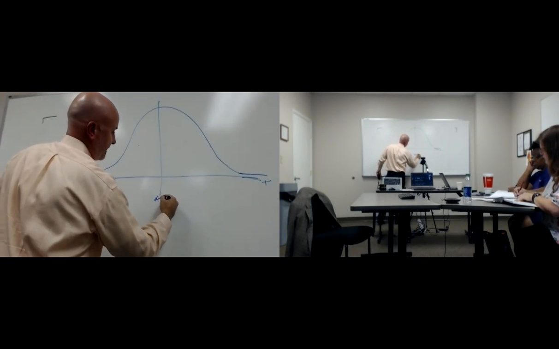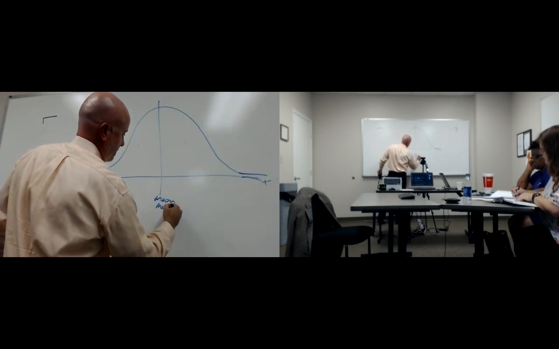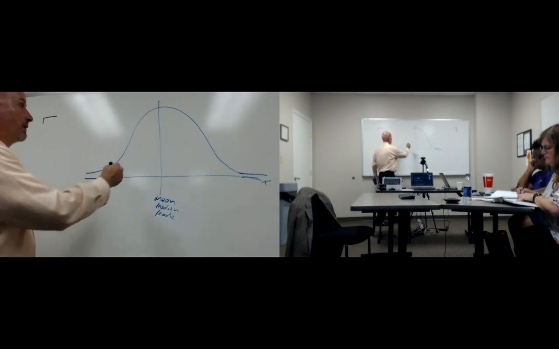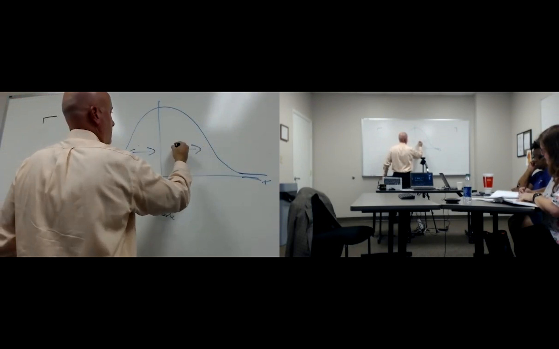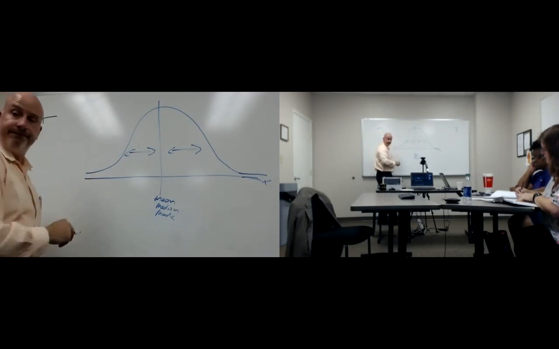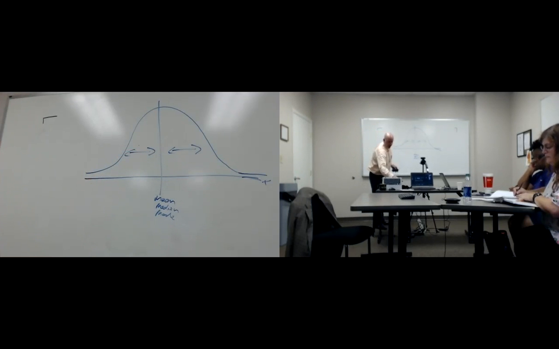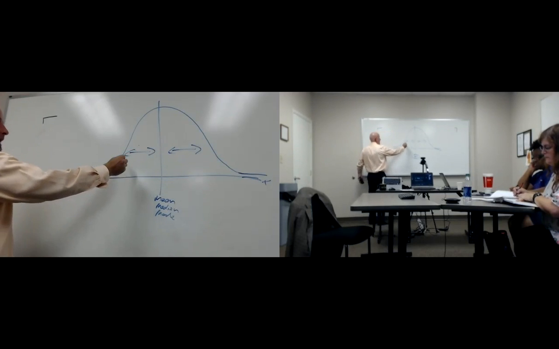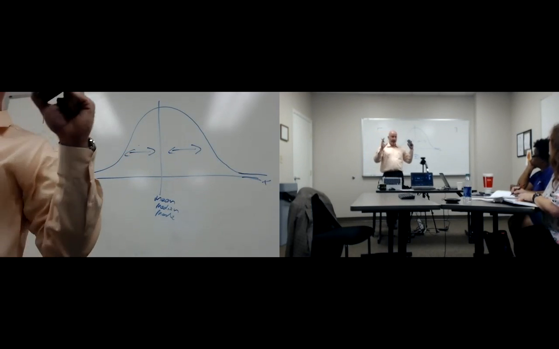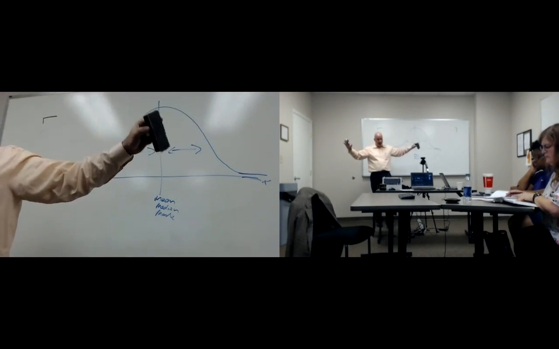Here we've got the mean, the median, and the mode. Its distribution is symmetrical around the mean. These are two equal parts. As the tails come down to the right and left, they never touch the x-axis. Instead, we assume that they would be continuous. They're going to run continuously in each direction.